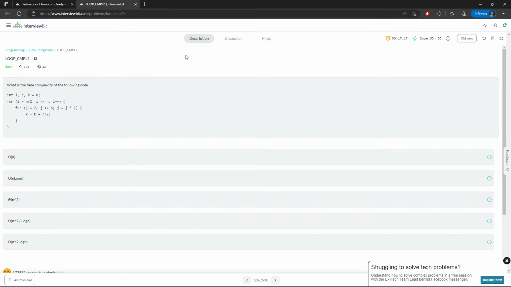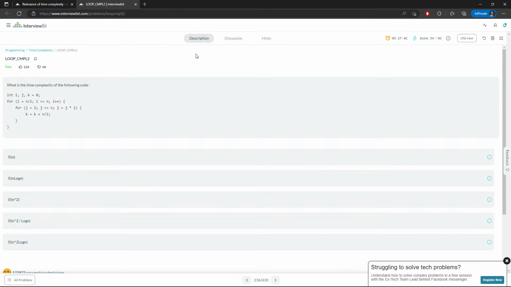I starts from n by 2, I less than or equal to n, and I plus plus. So it's basically big O of n. It doesn't matter if it starts from n by 2 or whatever. So the outer loop runs in big O of n complexity. What about the inner loop? Inner loop starts from j equal to 2, j less than or equal to n, and j equal to j times 2.